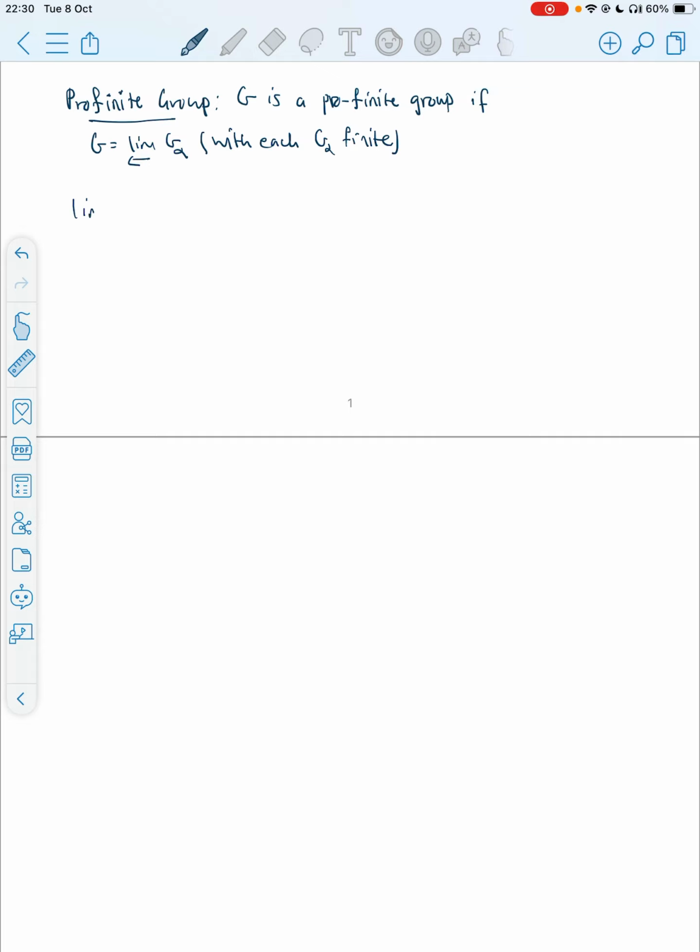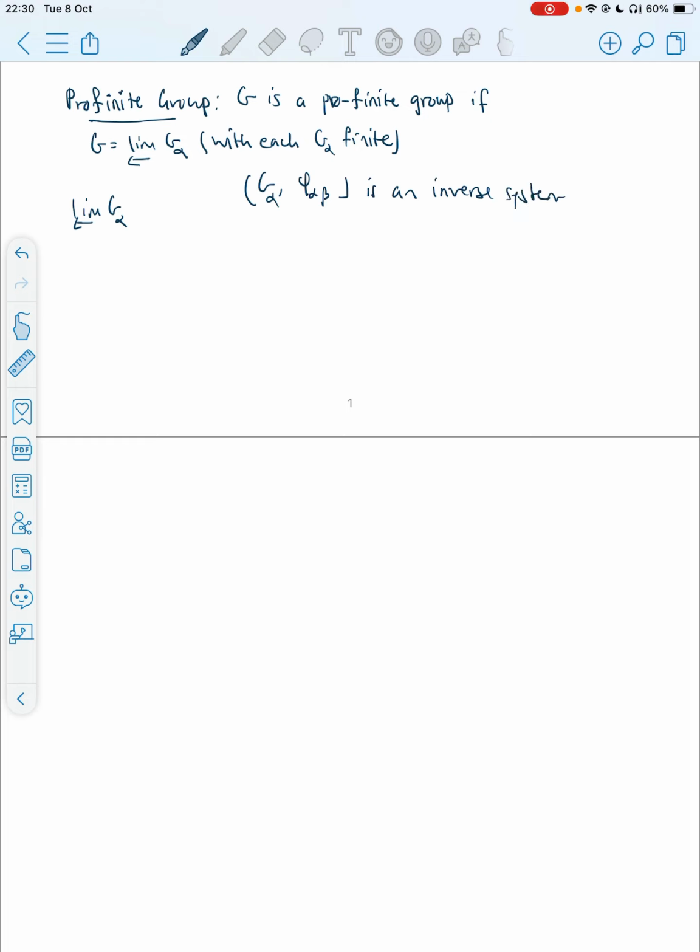So inverse limit. So if you have a collection of groups G alpha together with maps phi alpha beta, it is an inverse system. So what's an inverse system?